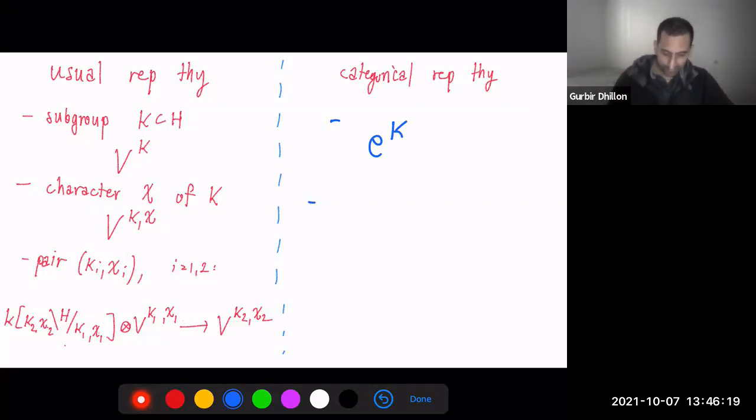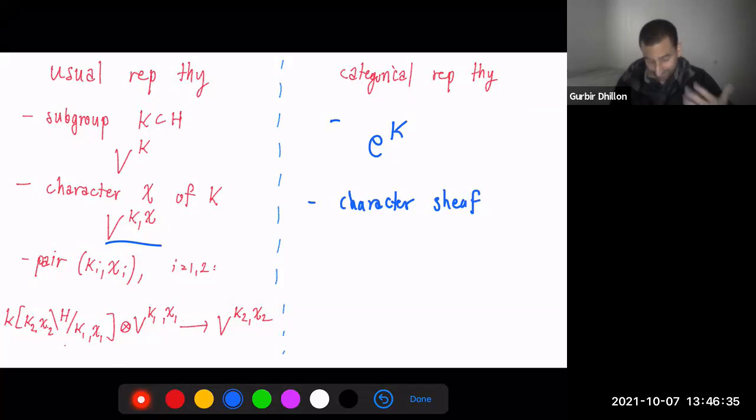And similarly, you can twist by a character in the case of the finite group, and you can also consider twists of the simplest representations. The twist is not by a character, but by something called a character sheaf. And you can again form these twisted invariants.